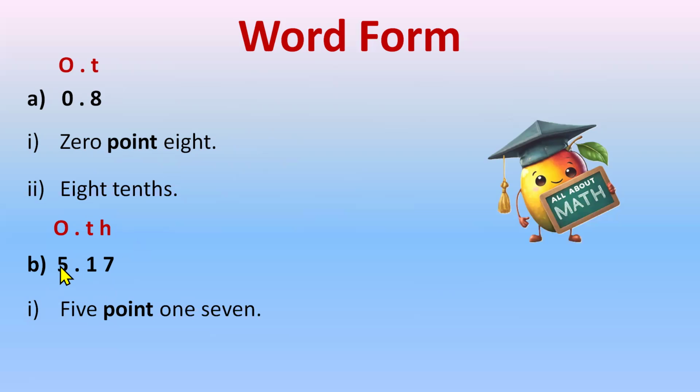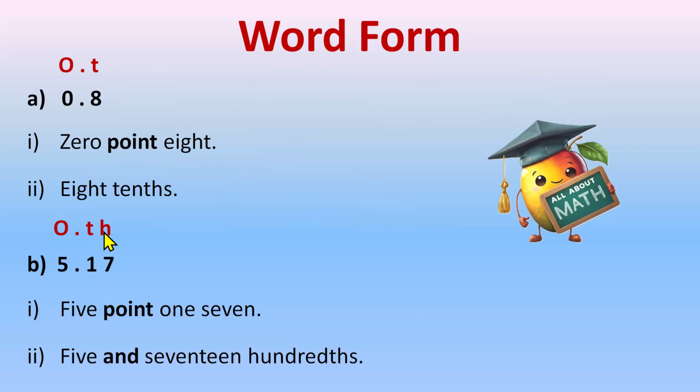So it will be 5 and 17. Now I'll take these two digits together, 17, and I'll write the place of 7 only, not the place of 1, the last digit, that is 7. So it will be 5 and 17 hundredths.